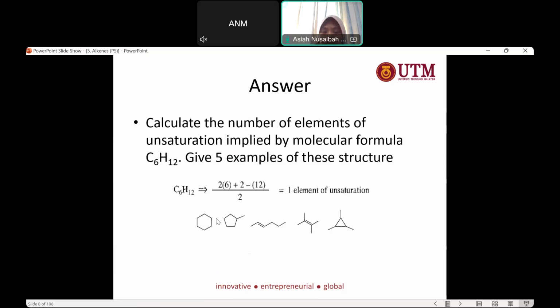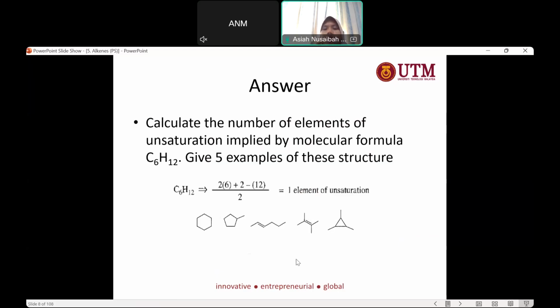Either it's cyclic, like these two compounds, we have cyclohexane here, we have a methylcyclopropane here, so it can be a ring, or it can be any structure. We have another ring here, and on the right, we have a cyclopropane here, or it can be a compound which is not cyclic, but it should have one double bond, not even two, one double bond only, because there should be only one element of unsaturation.